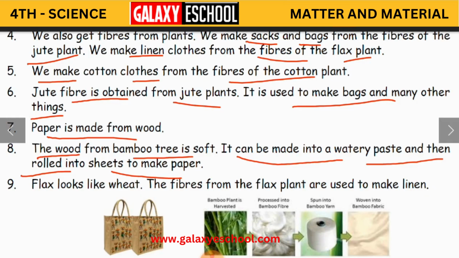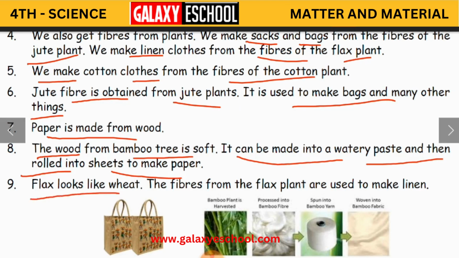We take the wood from the bamboo tree, and that wood is very soft, so it is mixed with water and made into a paste, and then rolled into sheets. These sheets come out as paper. Clear, children? So this is how we get paper.